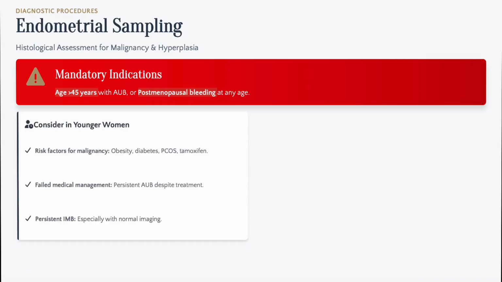Very important. And consider it in young women if there are risk factors of malignancy, if there is failed medical management, and if there is persistent intermenstrual bleeding.